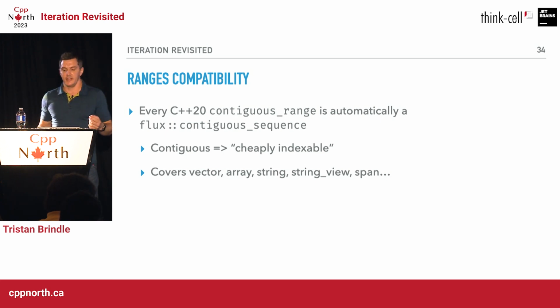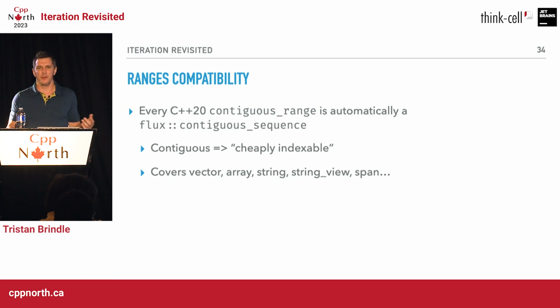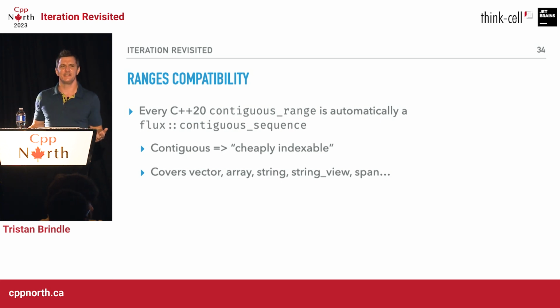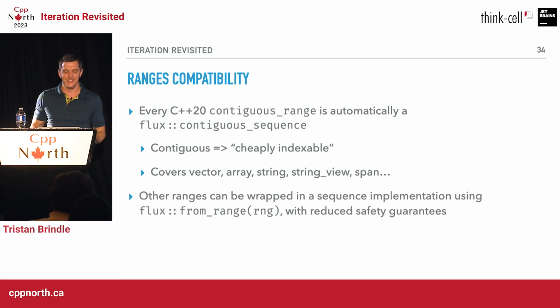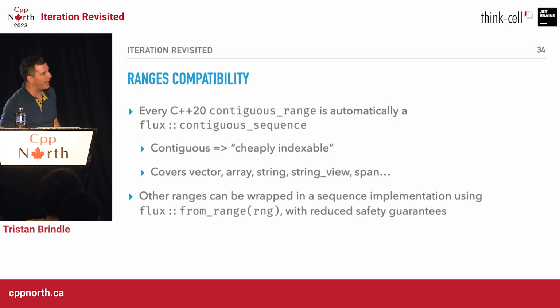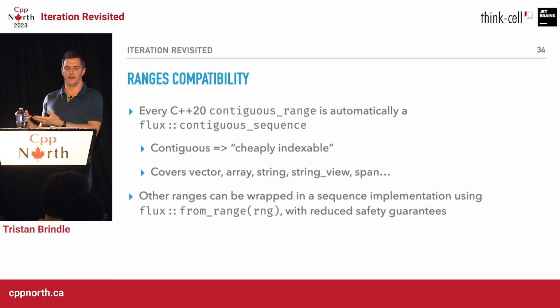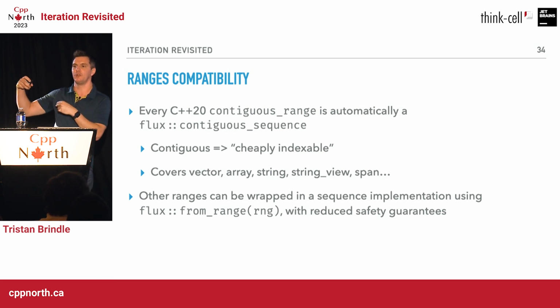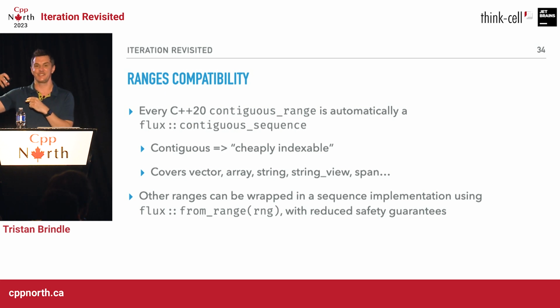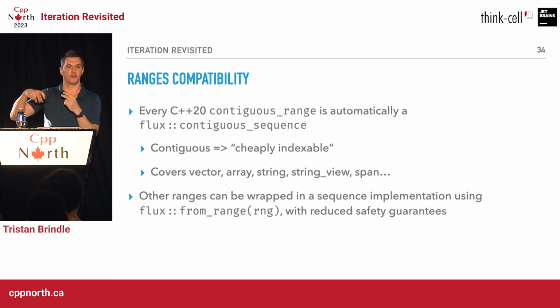For other kinds of ranges, so apparently people occasionally like to use containers that aren't vector, which seems weird to me, but apparently people do it. For other kinds of ranges, we have a function called fromRange. What this does is it takes your range and wraps up the iterator operations in the equivalent Flux operations so that you can call all the Flux algorithms and use the Flux adapters with your range.